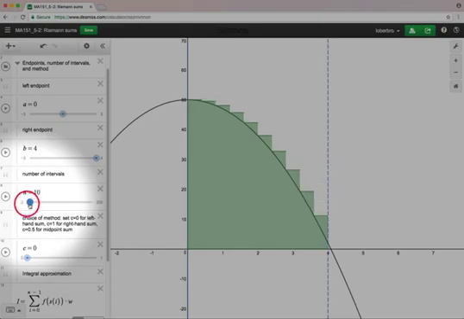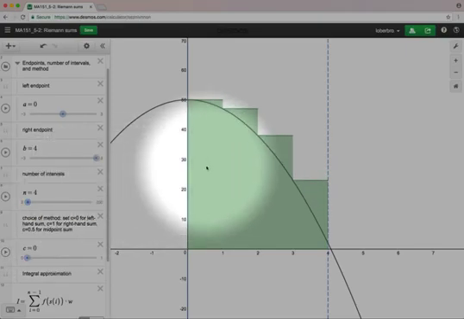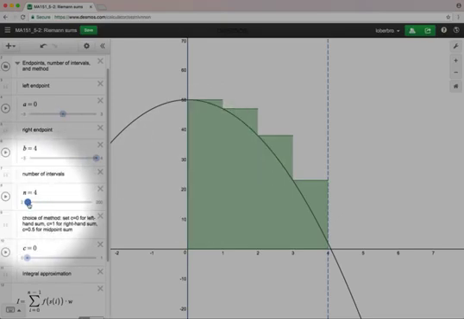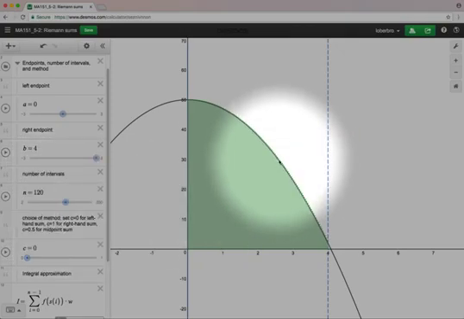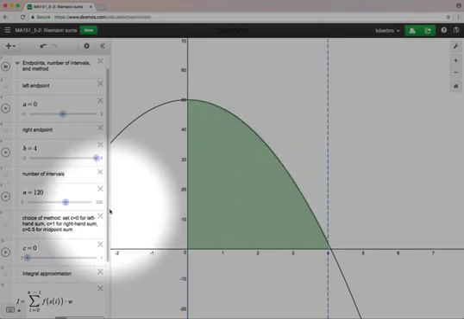The bigger n is, the better the approximation is. To do it by hand would be really tedious. But as n grows, we can barely tell the difference between the areas of the rectangles and the area under the curve.